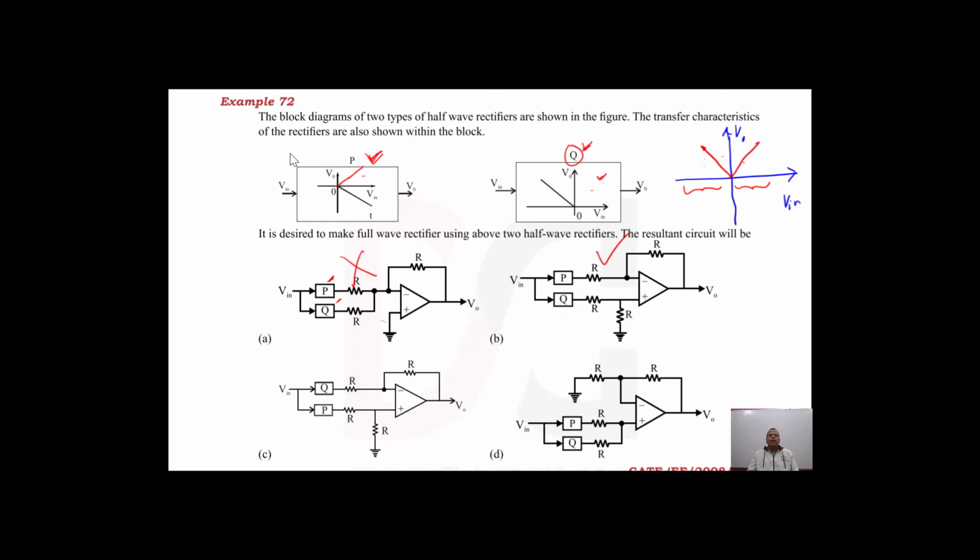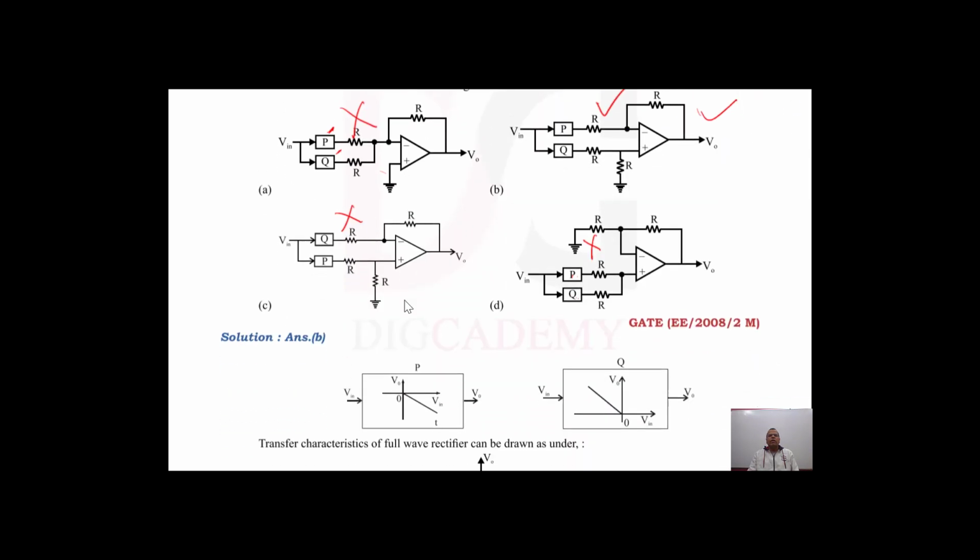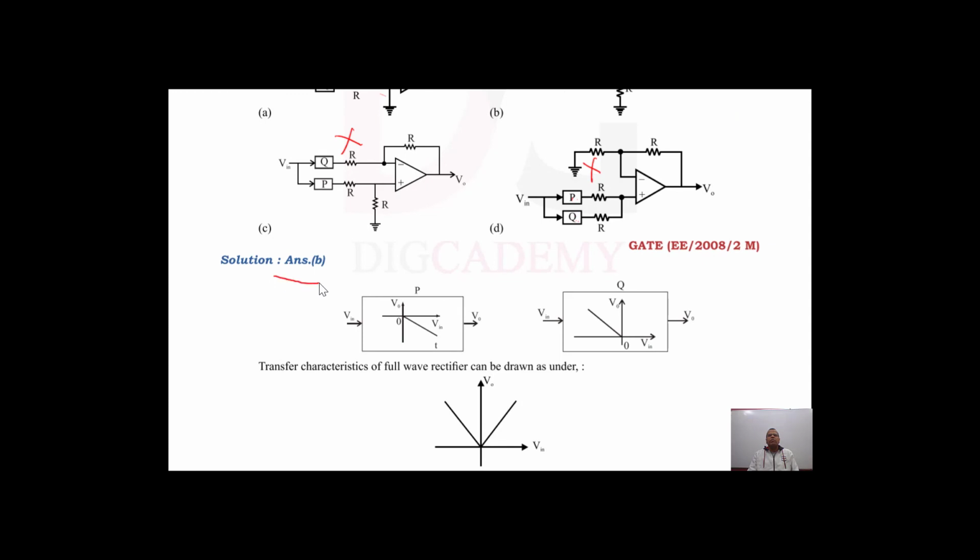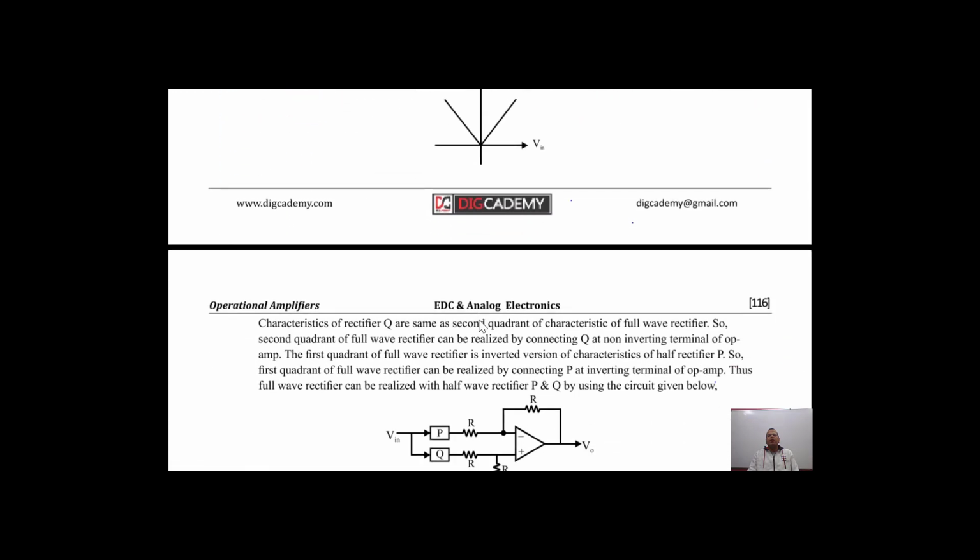Here Q is connected at the inverting terminal, which is not a requirement. So this cannot be the answer. Here both are connected at the non-inverting terminal. This is not the requirement. So B should be the answer. Now let us see the answer. The answer is B here, and the remaining part is just an explanation.